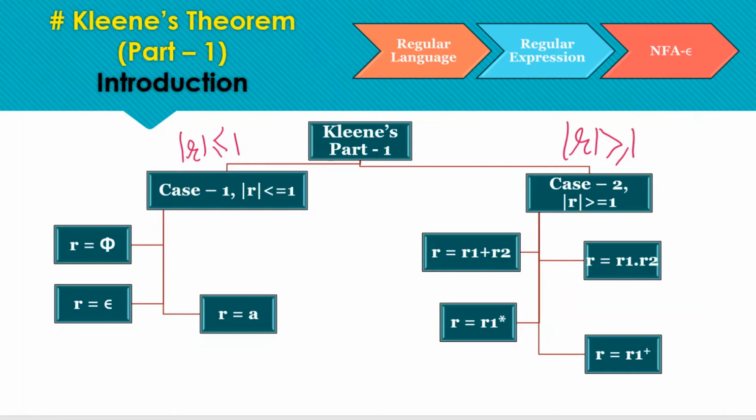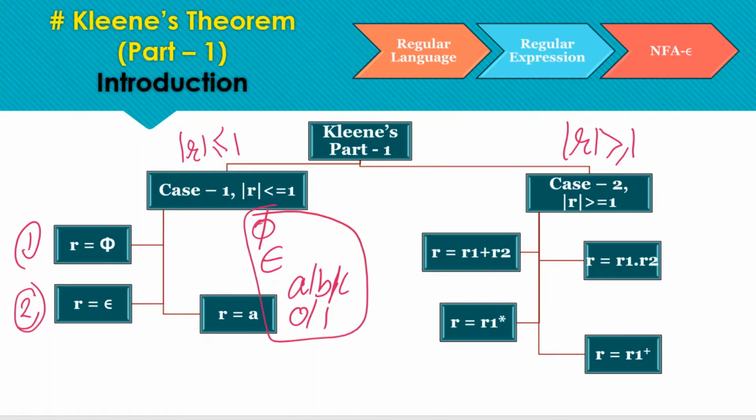For case 1, we have to prove three identities, as the regular expression has length less than or equal to 1. That means the regular expression is either phi, meaning nothing, or null, or any one input symbol, either a, b, c, or 0 or 1. These are the identities for case 1 that we prove using Kleene's theorem part 1.